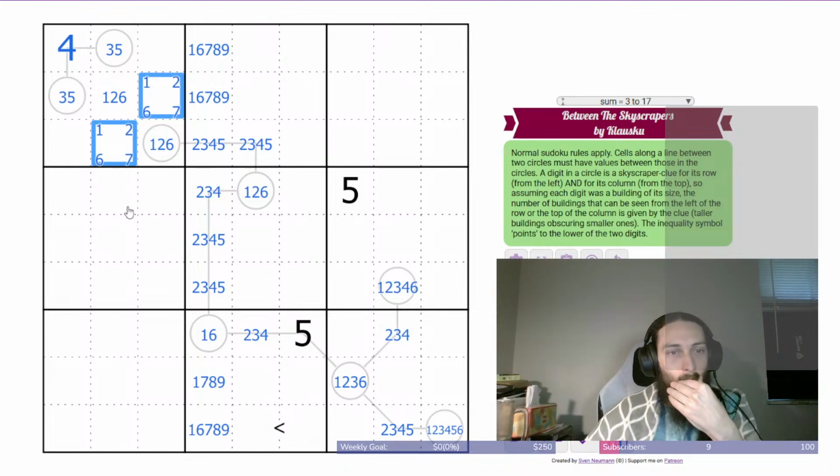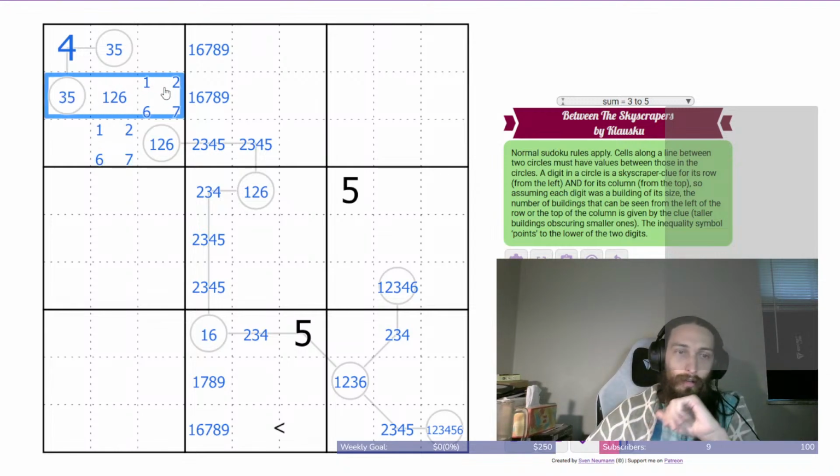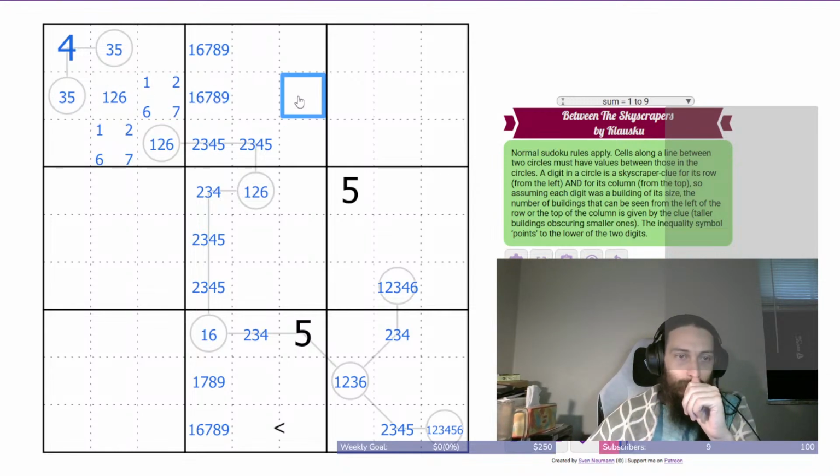Well, if it was 3, 6, 9 would be fine. But it wouldn't work for the 5. Right. And but a 1 or a 2 here, it spaces the 3 out.